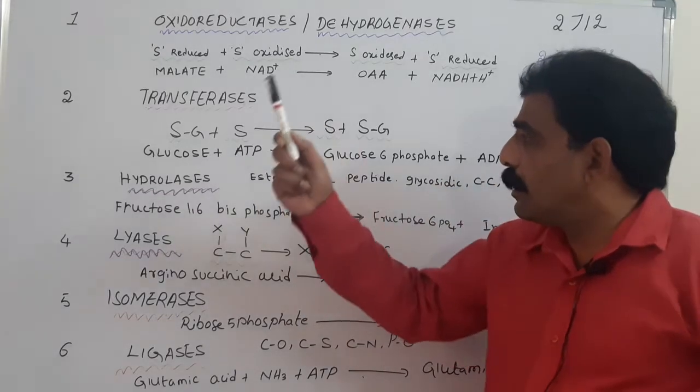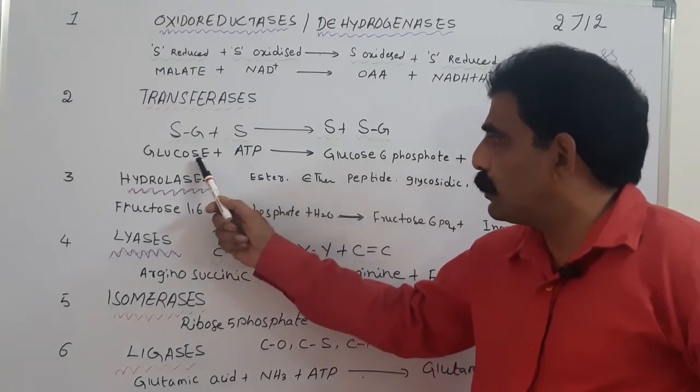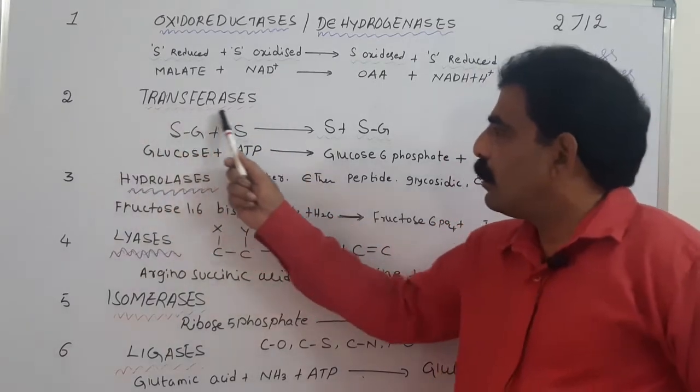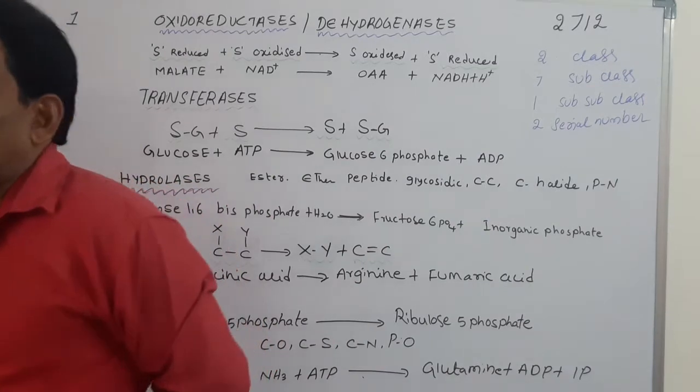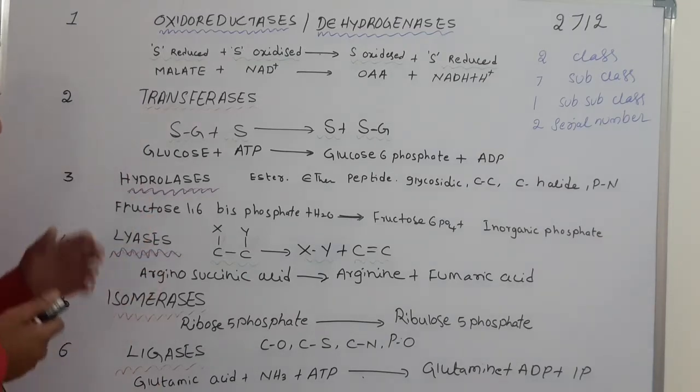So here the inorganic phosphate is transferred from ATP to glucose. Such enzymes which transfer groups other than the hydrogens are said to be transferases. An example is hexokinase.